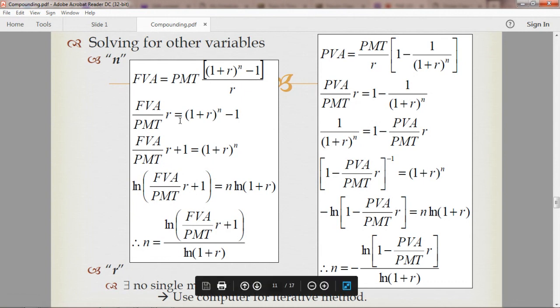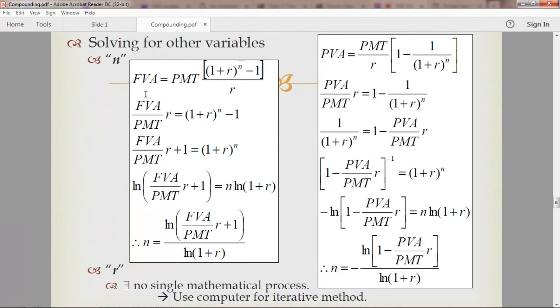So this is the formula, but look, it goes through these steps. First of all, because n is the unknown, what do we need to do? We will need to isolate whatever we can. So first of all, I divided both sides by payment, so this gets canceled out.